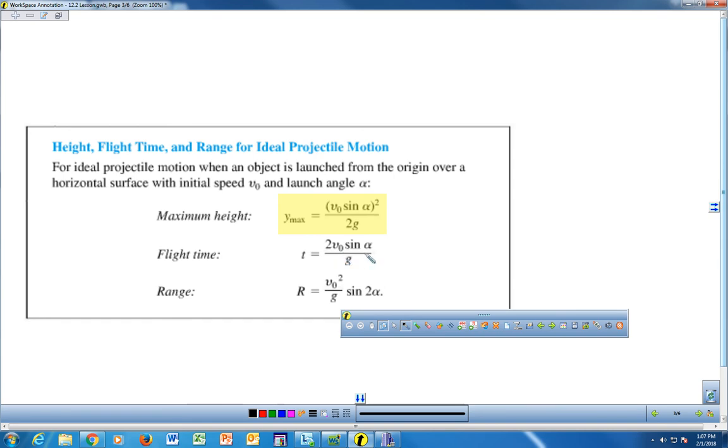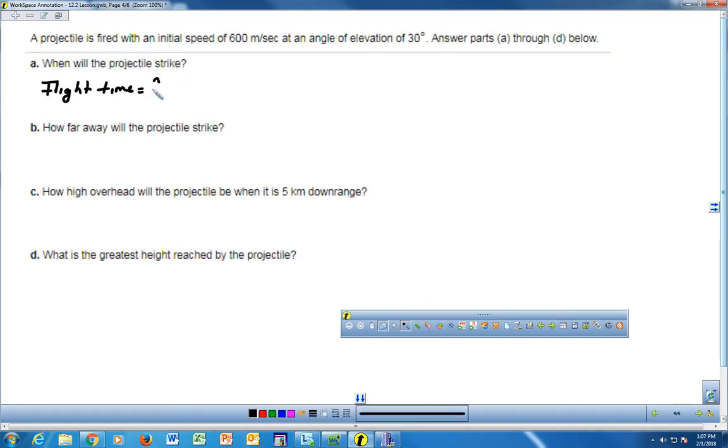2 times the initial velocity times sine of alpha divided by the gravity. Now, this is going to be 2 times the initial velocity, which is 600 meters per second, times sine of alpha. Alpha is the angle at which the projectile was shot.